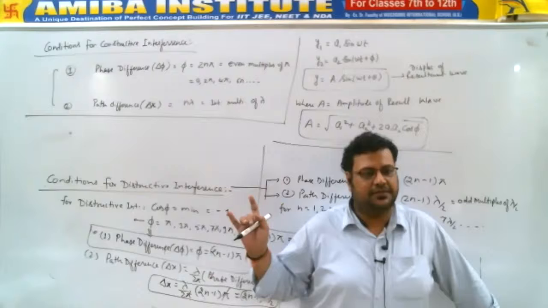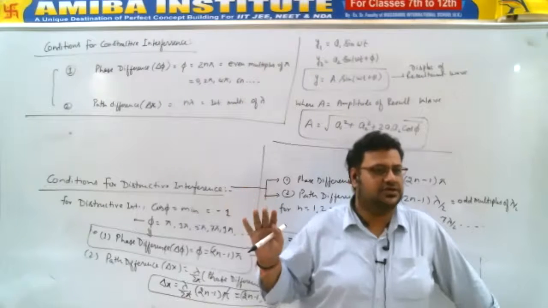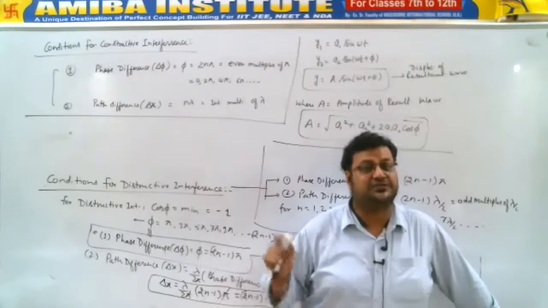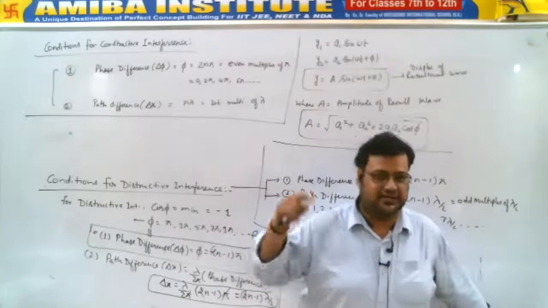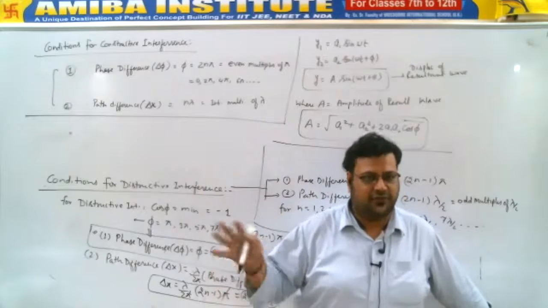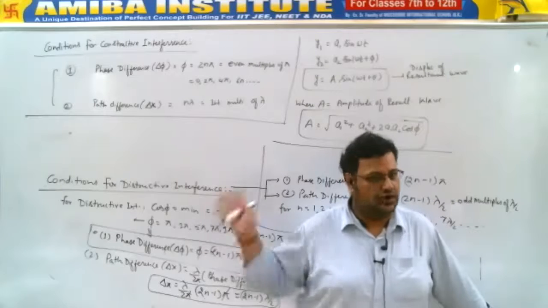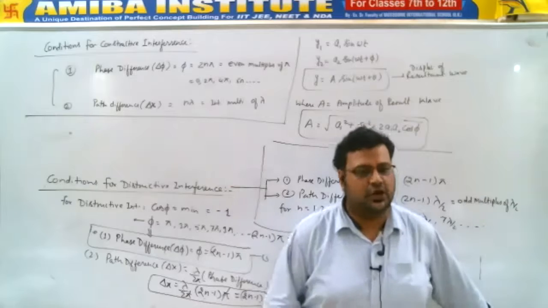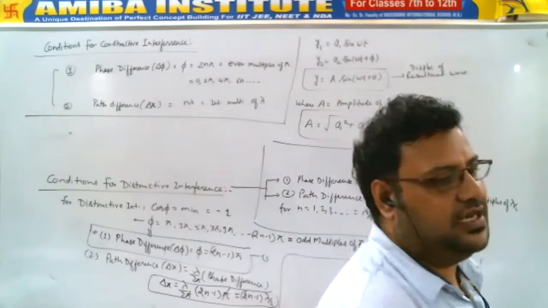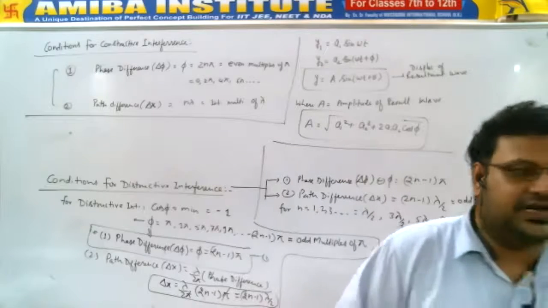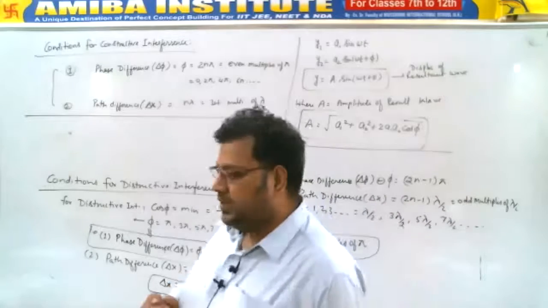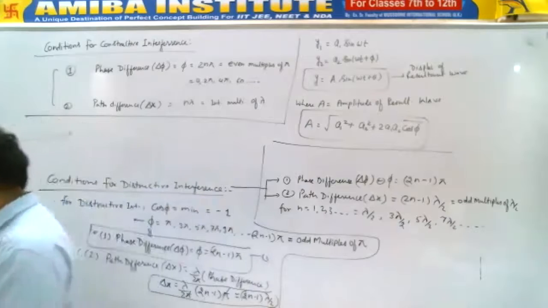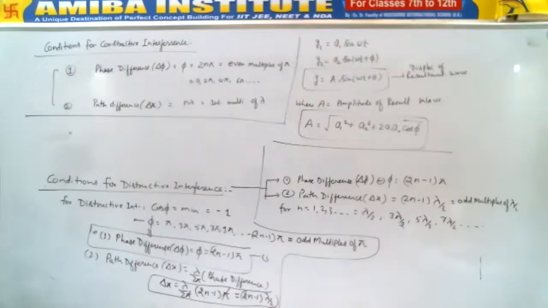Either this will be taking place or this will be taking place for interference to occur. Otherwise, for different random path differences or phase angles, there would be some general elimination, right? We will understand this later on.